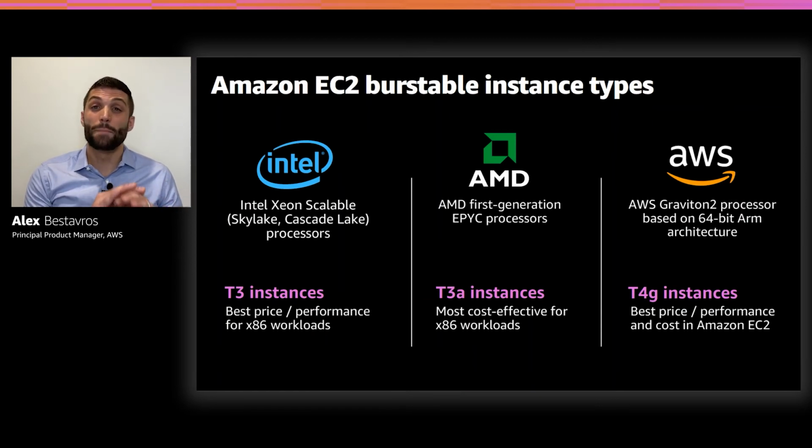These offer you the best price performance for all your x86 workloads and are really a standard offering across several of our AWS services and customers. Then a year later, we brought in AMD. AMD enabled us to offer a new level of economics in our own data centers, and we've been able to pass that on to customers at a 10% lower price. So those become almost the most cost-effective way to run your x86 workloads, which is on that theme of lower prices.